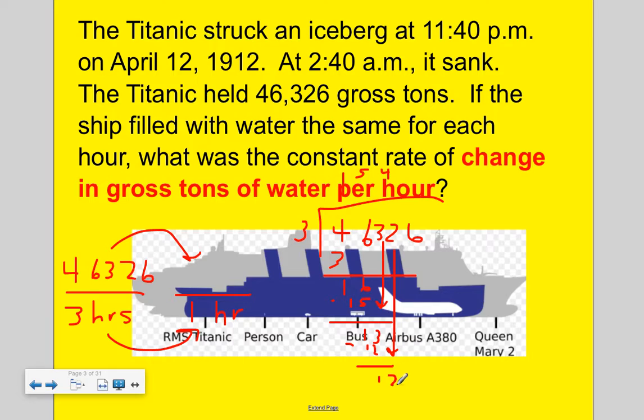How many 3's go into 12? 4 times. Bring down the 6. How many 3's go in 6? 2 times. So that means each hour the Titanic filled with 15,442 gross tons of water per hour. That's what is changing.